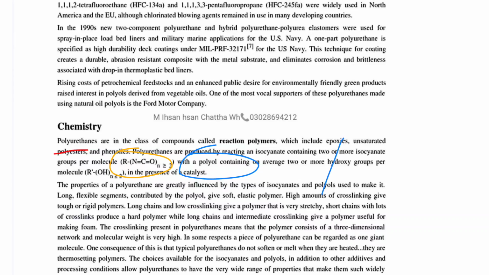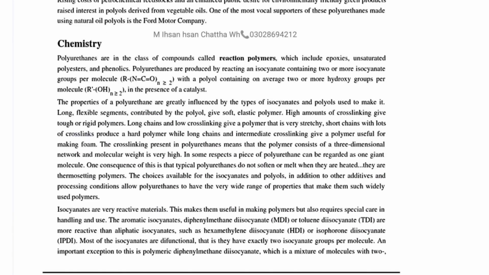Polyurethanes are a versatile class based on the various large variable monomers of diisocyanate, polyisocyanate, and polyol. Isocyanates are very reactive materials. This makes the polymers require special care in handling.